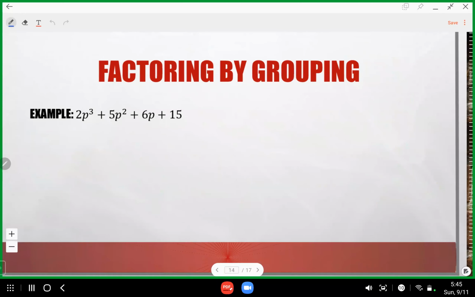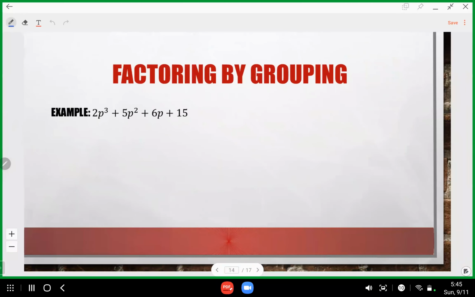Factoring by grouping, I can't really teach it systematically, so I'll just teach with an example. So far we've been dealing with polynomials up to the power of 2, with x squared being the highest degree, right?